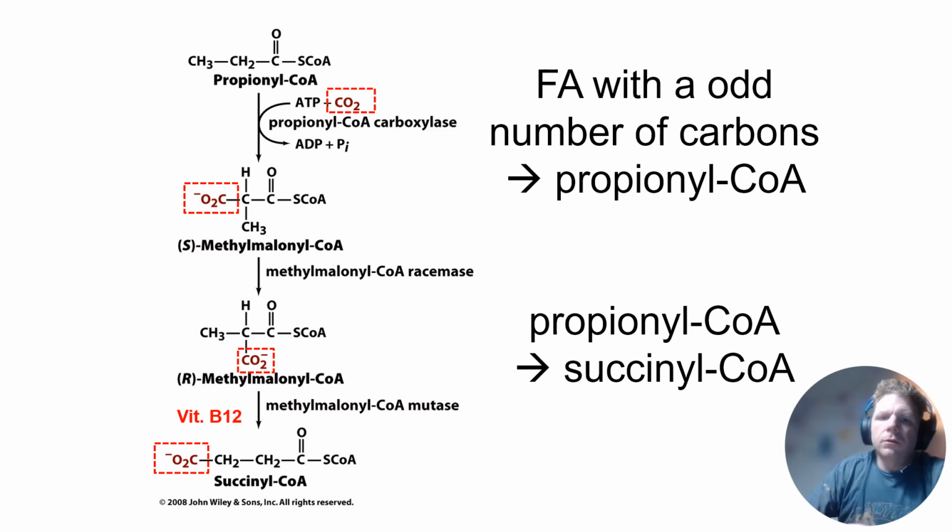All right, so those are our kind of simple models for fatty acids. If you have a completely saturated fatty acid, you just go through beta oxidation. If you have a monounsaturated fatty acid, you'll ultimately care about where that double bond is.